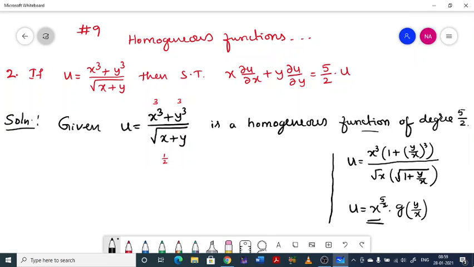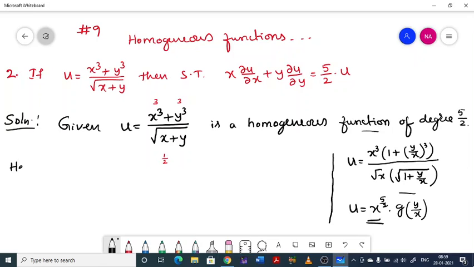You can write this directly or you can do this exercise, but that depends on how many marks are given for this question. So depending on that you have to do this exercise. It is a homogeneous function of degree 5 by 2, which means you can apply Euler's theorem.